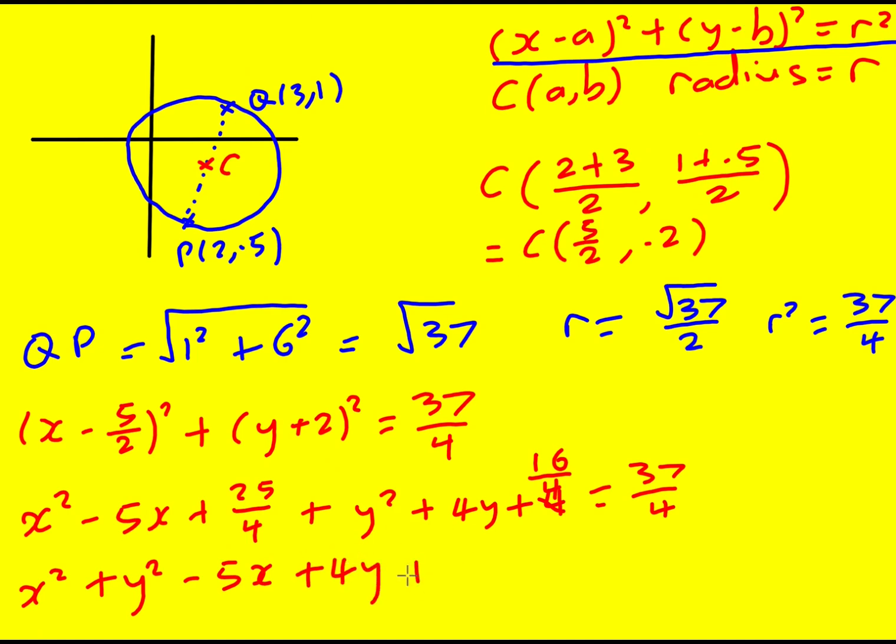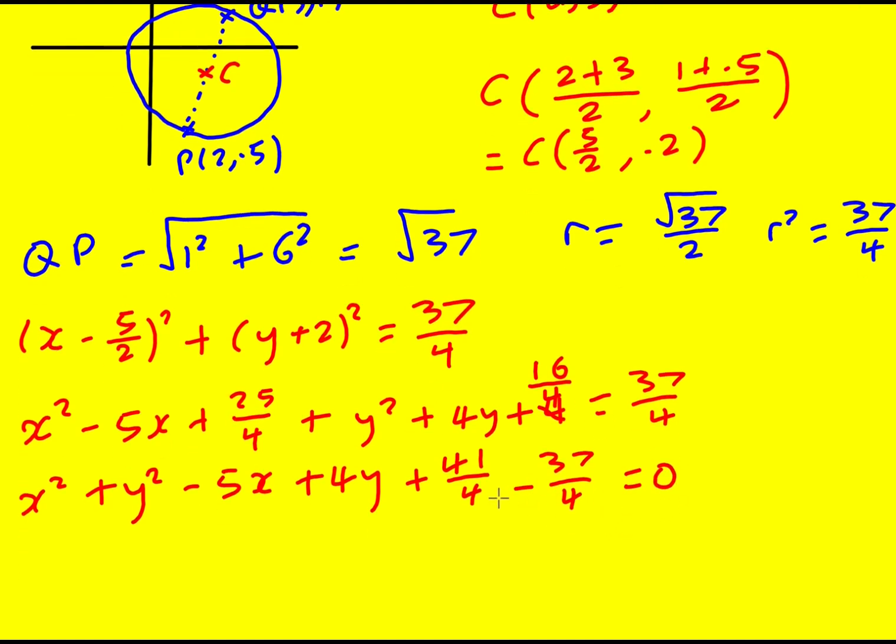Then it's going to become plus 41 over 4 minus 37 over 4. I can do that step as well, equals 0. So I'm going to get 4 over 4 from this, which is just 1. And our final answer is x squared plus y squared minus 5x plus 4y plus 1 equals 0.